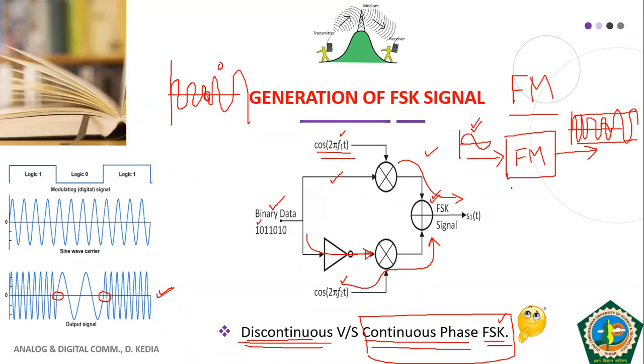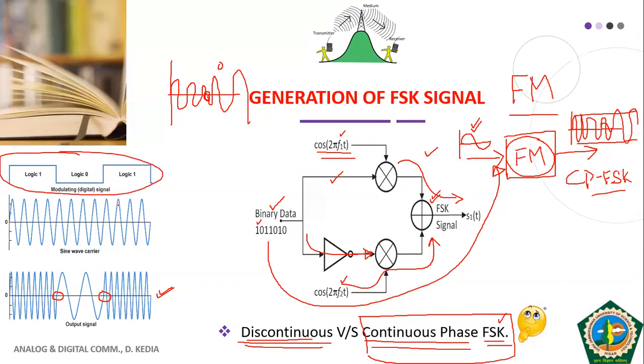So if, instead of an analog modulating signal, you provide a digital information signal at the input of FM, the job of FM is to generate the output signal frequency according to whatever is at its input. So simply, if you provide your digital information signal to the FM modulator, you get continuous phase FSK, because in FM you have a single carrier whose frequency is varied in accordance with your information signal.